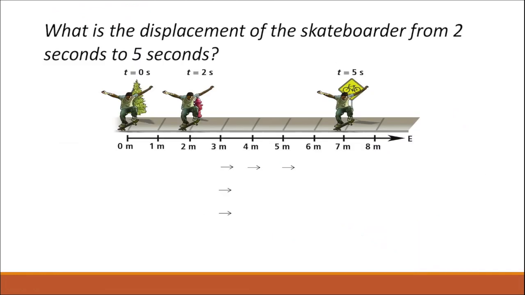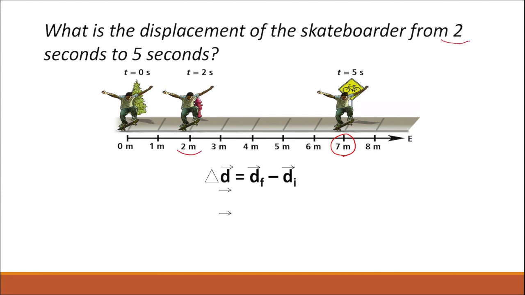Try this question. What is the displacement of the skateboarder from 2 seconds to 5 seconds? Well, we know the displacement is found by the final position minus the initial position. Our final position here at 5 seconds is 7 meters. So we know df is 7. Our initial position from 2 seconds is 2 meters.